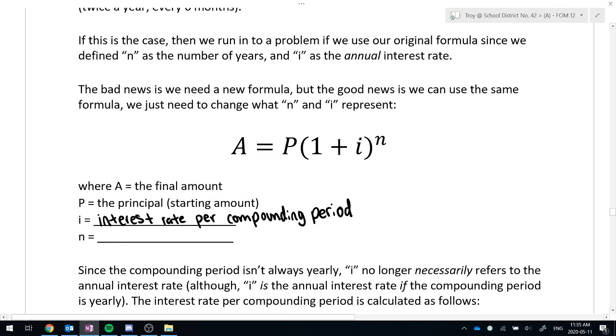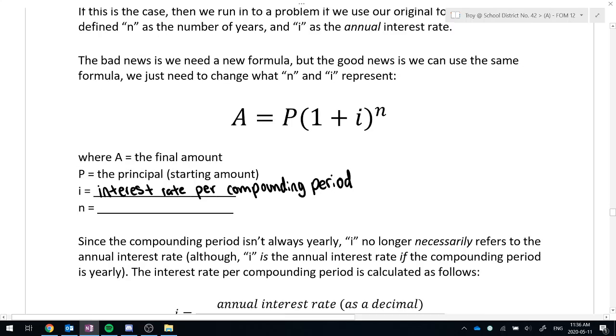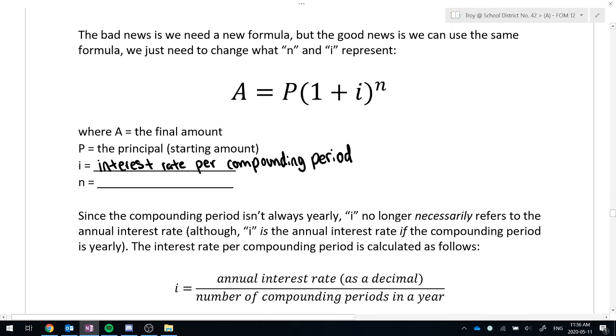Okay, and the n value, instead of having that value be the number of years, this one now is going to be the number of compounding periods. Or sorry, just the number of compounding periods, not in a year. Compounding periods total.